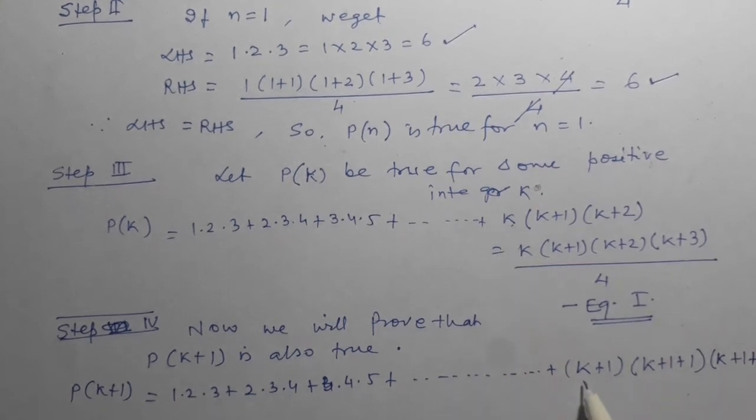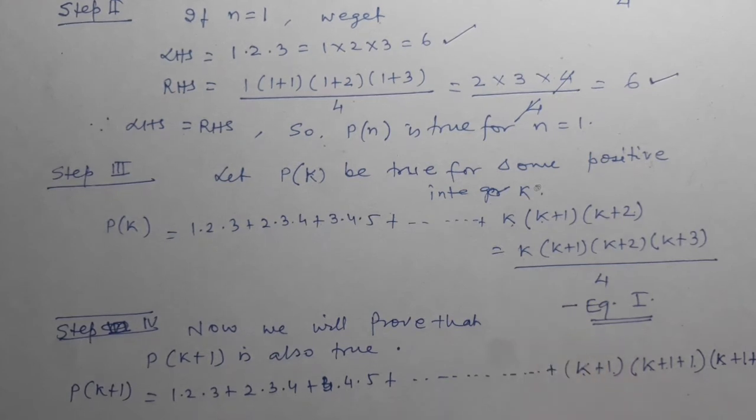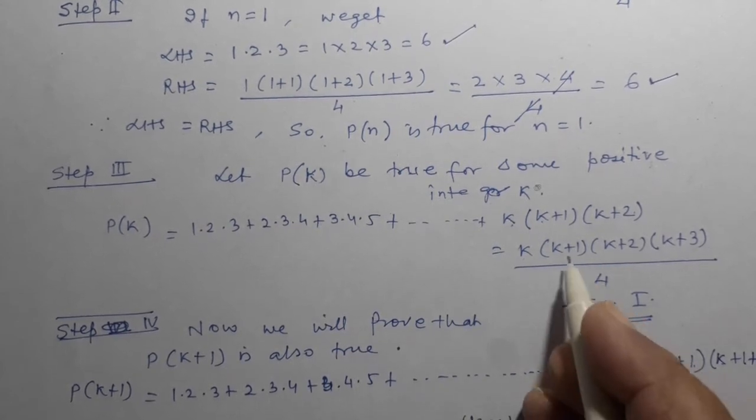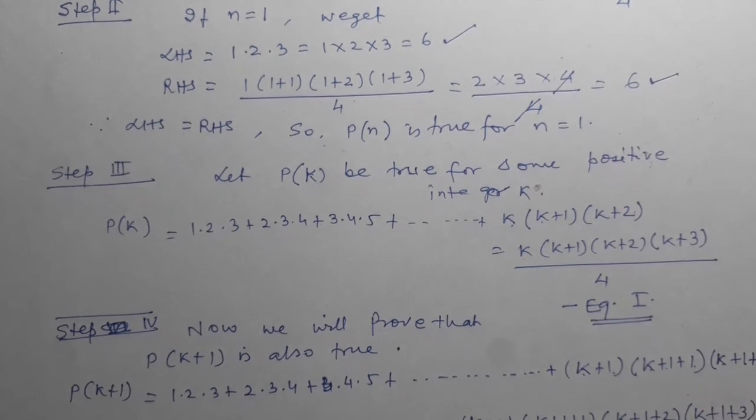This is k, so this is k plus 1, k plus 1 plus 1, k plus 1 plus 2, right? That will be equal to this. So this will be k plus 1 into k plus 1 plus 1, k plus 1 plus 1 into k plus 1 plus 2 and k plus 1 plus 3 by 4, right?